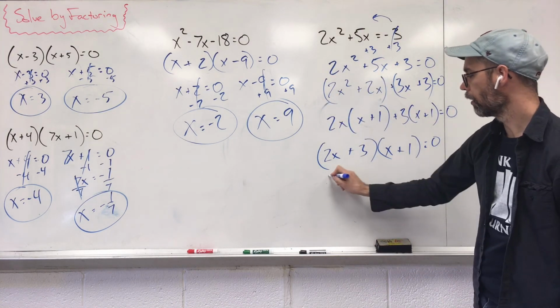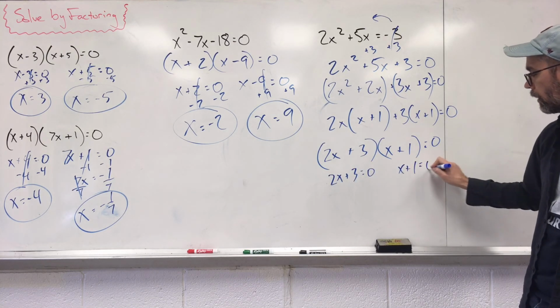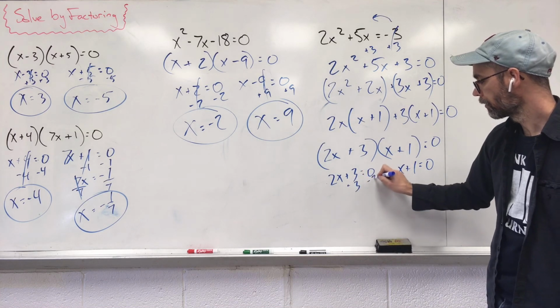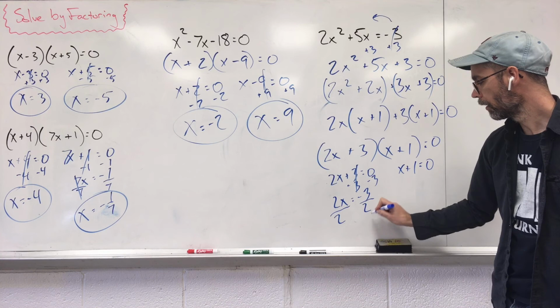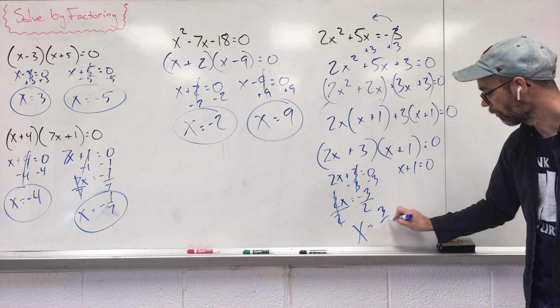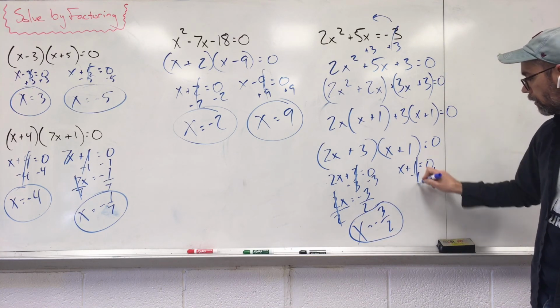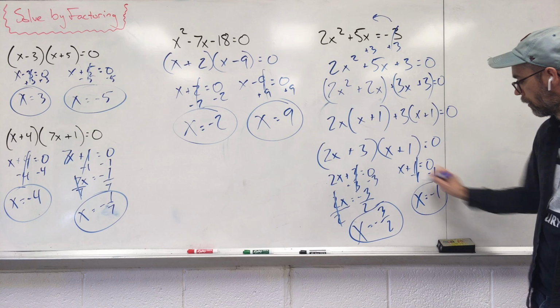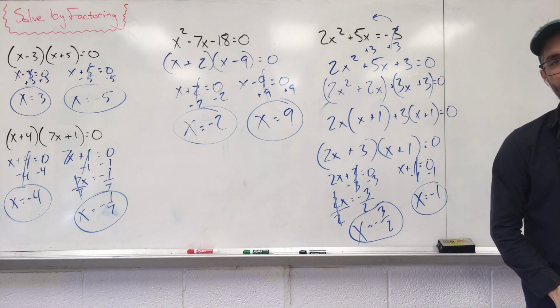Set each one equal to 0. 2x plus 3 equals 0. x plus 1 equals 0. Minus 3, divide. Getting a little sloppy here. x equals negative 3 over 2. And then on the other side, x equals negative 1. And that is solving using factoring.